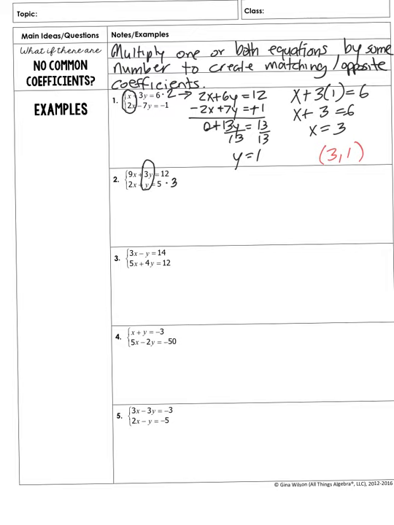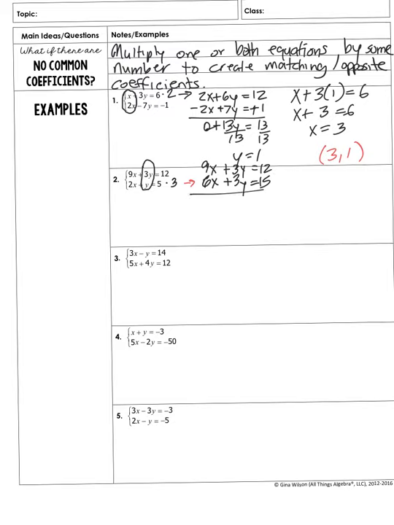Okay, so multiply the bottom equation by 3. What do you get? You get 6x plus 3y equals 15. And then in the top, I'm just going to bring that over. 9x plus 3y equals 12.